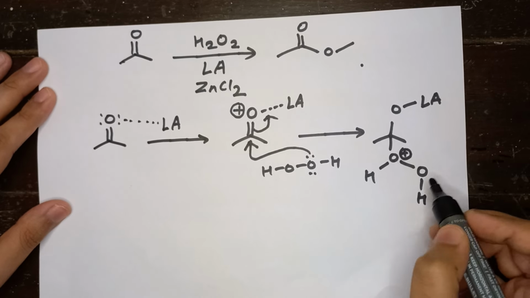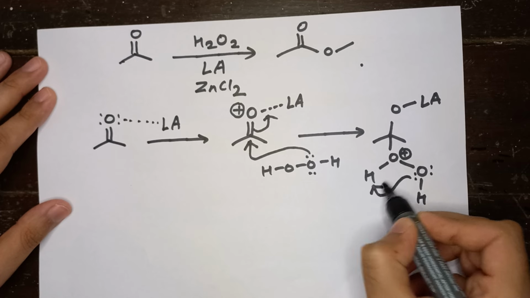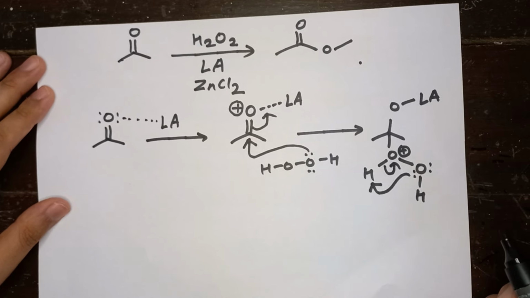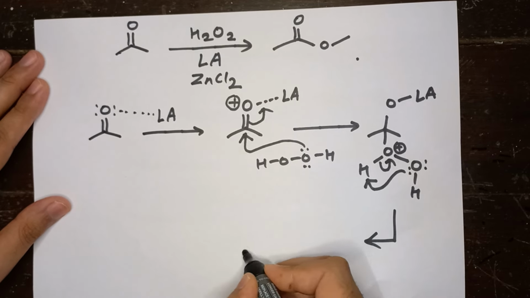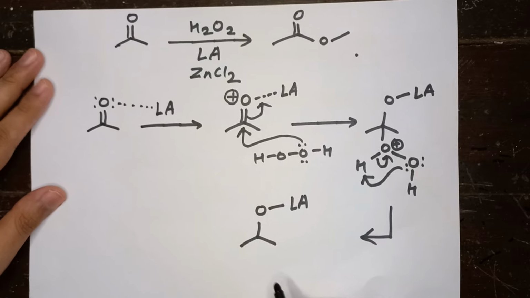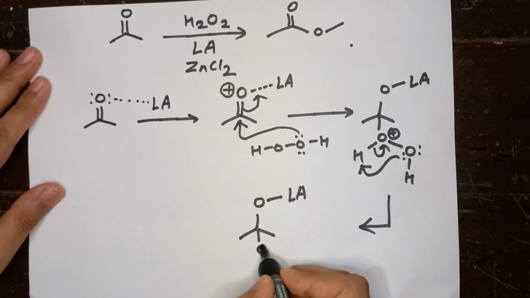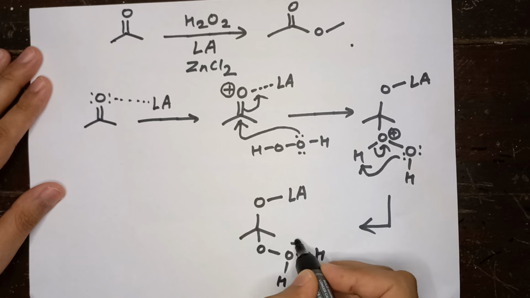Now here the intramolecular hydrogen transfer will take place, neutralizing this oxygen, and this will give me oxygen still bonded with Lewis acid, and here we have oxygen, and this oxygen is bonded to 2 hydrogen, giving me positive charge.